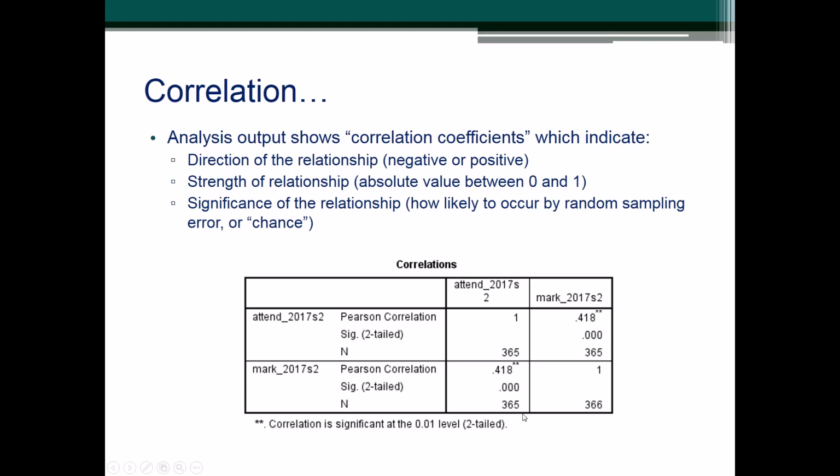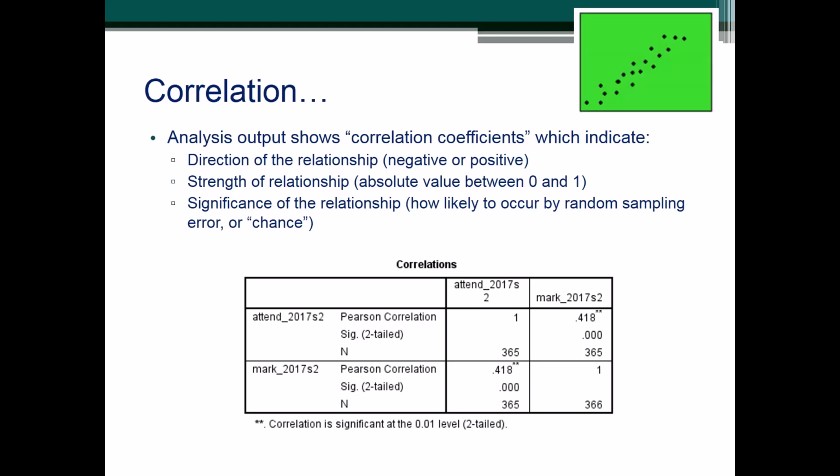So what would data look like if we had a very weak relationship then? If we were to look at something like, instead of tutorial attendance, the relationship between the first letter of someone's surname and the mark that they achieved, you could imagine that we wouldn't expect much of a relationship. It doesn't matter if someone's surname starts with A or B or T or Z, right?